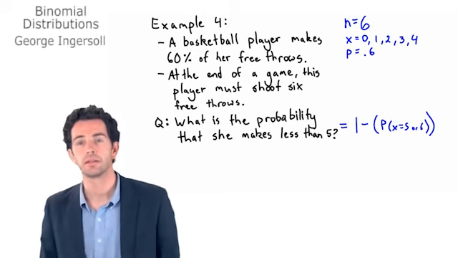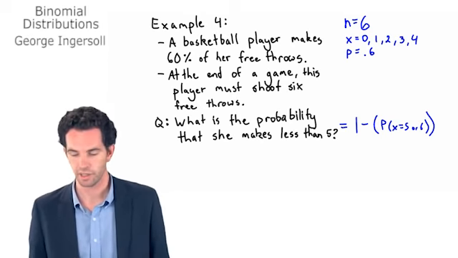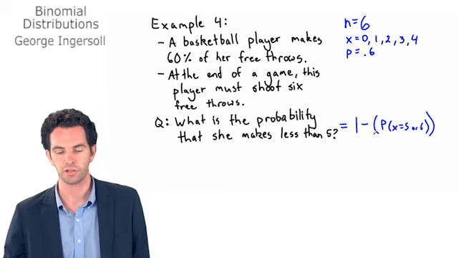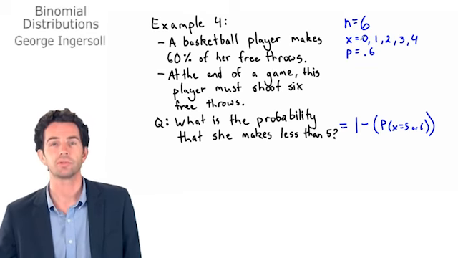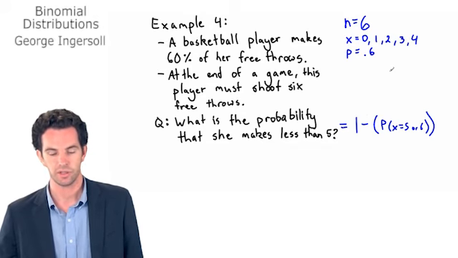Does that make sense? We're essentially saying we could just do the calculation for x equal to 5, add that to the probability that x is equal to 6, and then subtract that from 1. And that's going to give us the exact same thing. These are complements of each other.